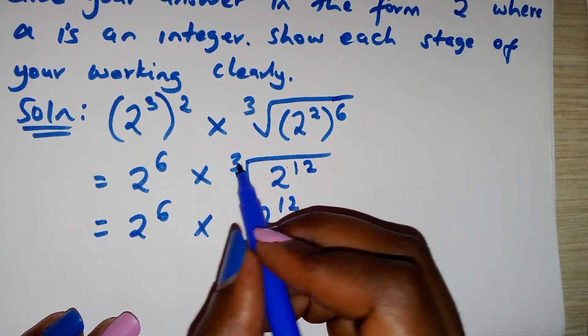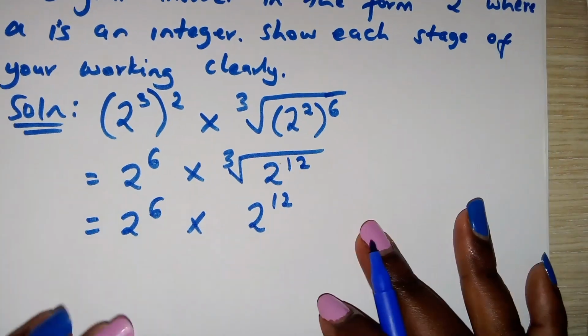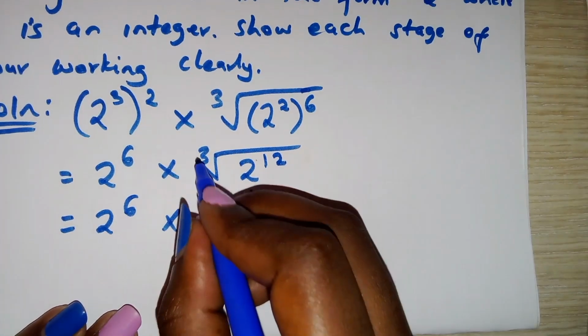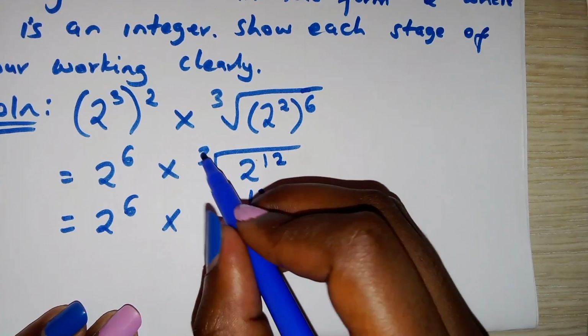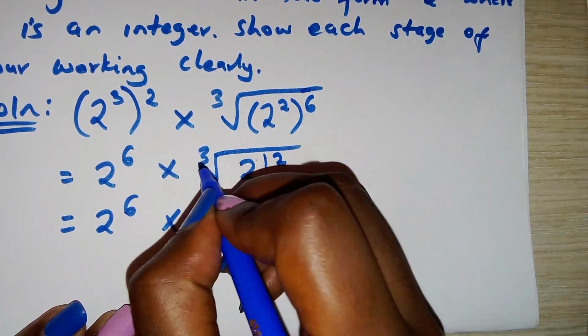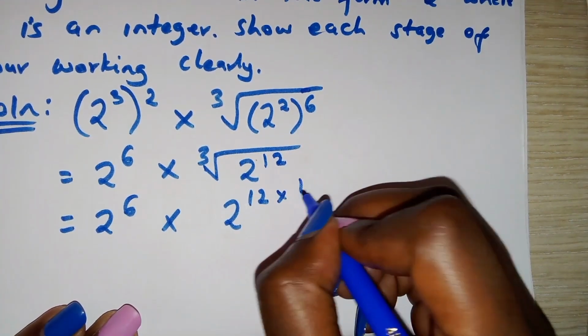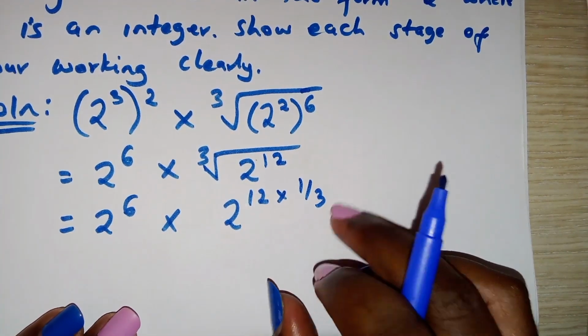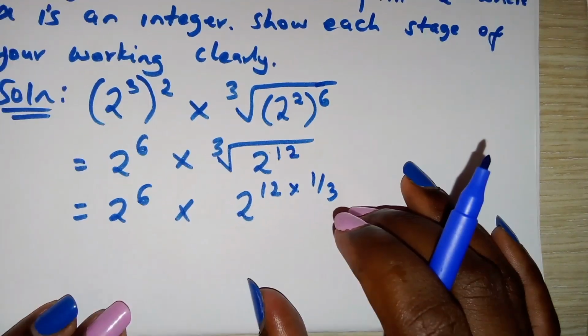The cube root can be written as a fractional index, meaning 3 will be written as 1 out of 3, because it's a fractional exponent as well.